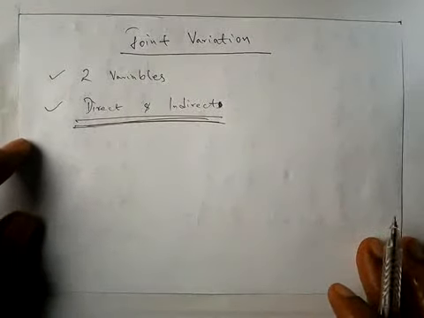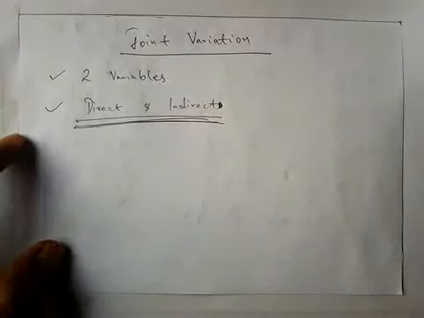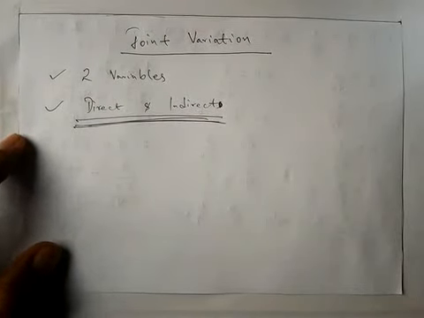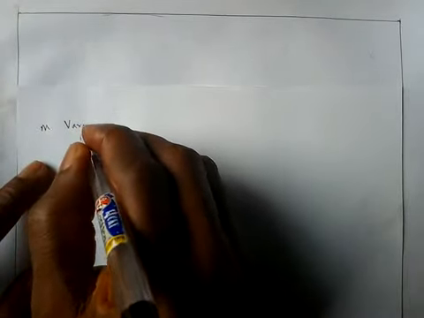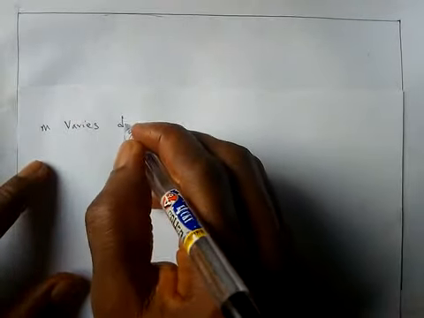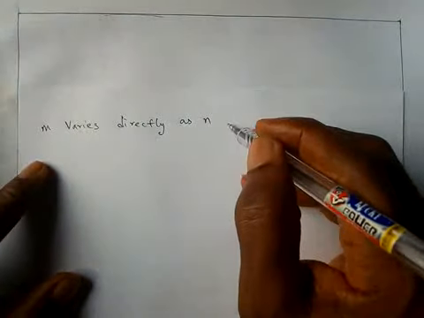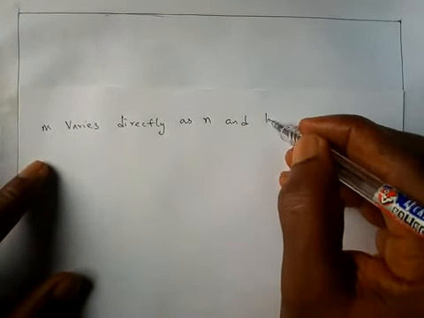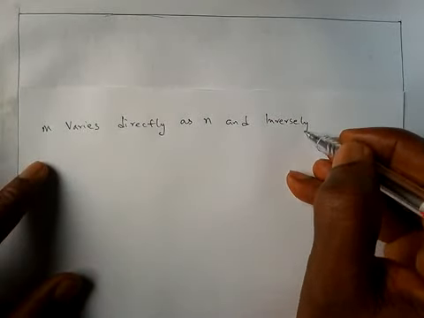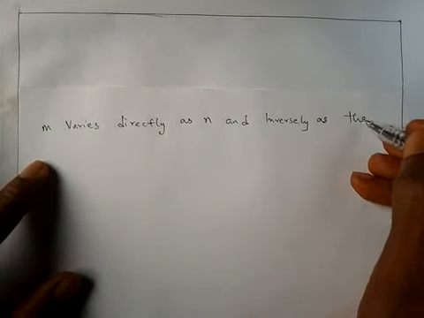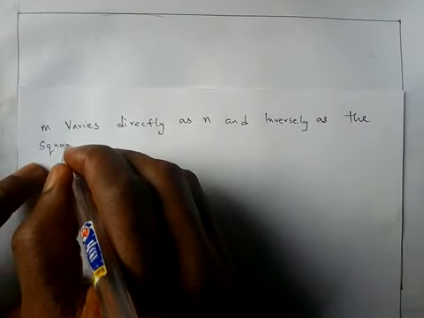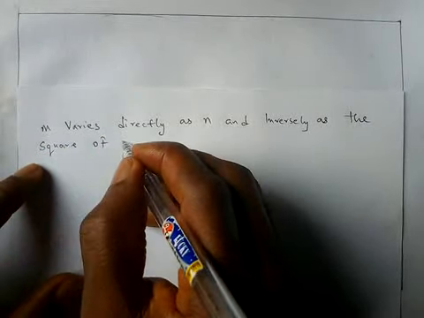Let's just go straight to an example so I can use it to explain to you. We're dealing with joint variation now. It says m varies directly as n and inversely as the square of p.